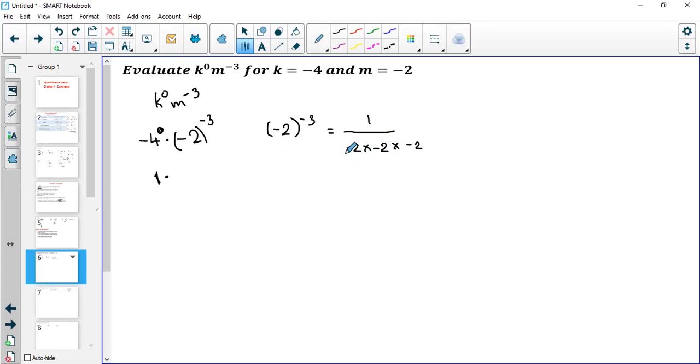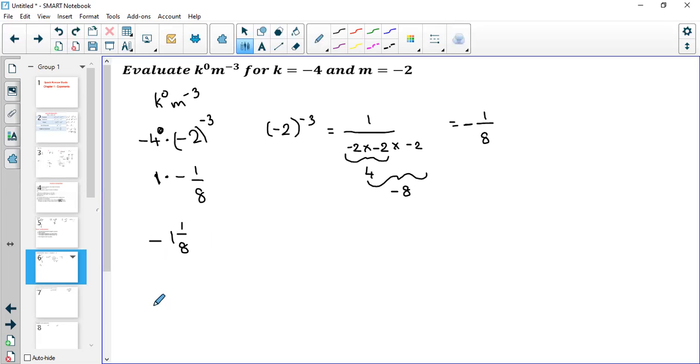So -2 multiplied by -2 will give you a +4. Then +4 multiplied by -2 will give us a -8. So which means the answer for this is going to be 1 over 8, but with a negative sign. So 1 multiplied by -1 over 8. So what is 1 multiplied by -1 over 8? It's going to be -1 over 8.